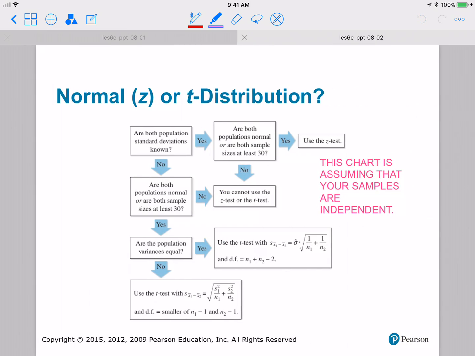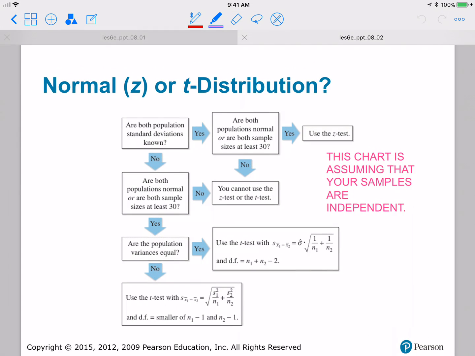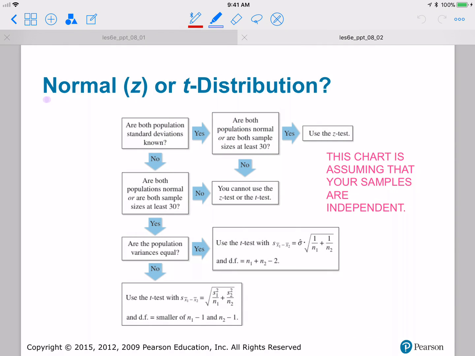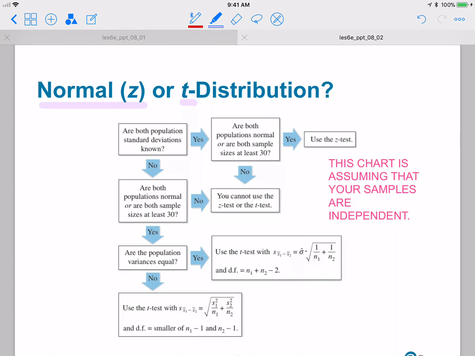Okay, so we'll see how to apply these. Now this chart is a nice chart, and it highlights the question of, do you use a normal distribution or do you use a t-distribution? You can pause and look at it.